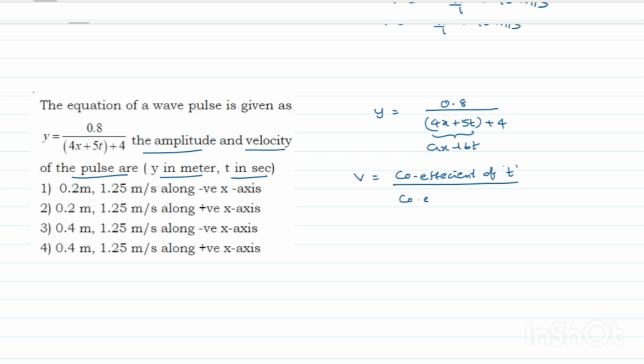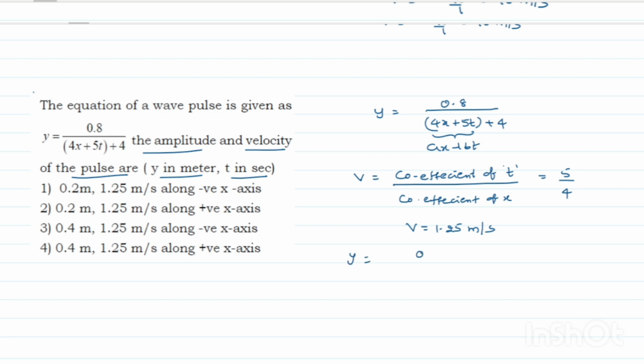The coefficient of t is 5 and the coefficient of x is 4. Then the velocity of the pulse will be 5 by 4, which is 1.25 meter per second.